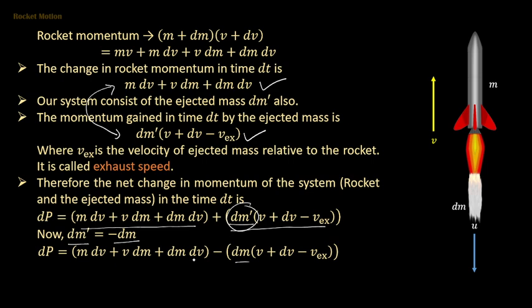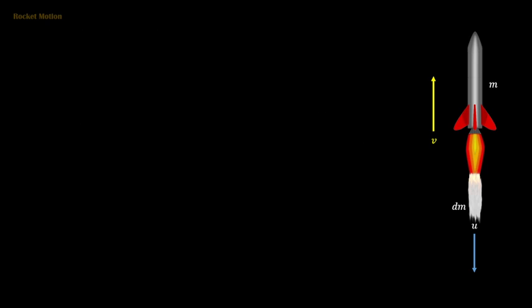So this is the reason why we change it. So here we will see that minus dmv and plus dmv will get cancelled, and we get this. dm dv and dm dv also get cancelled, and we get the change in momentum. It is very simple to see.